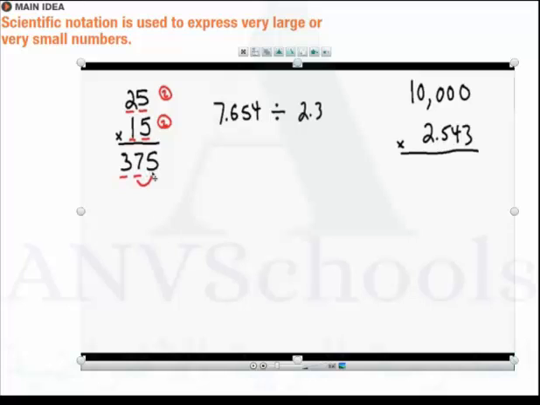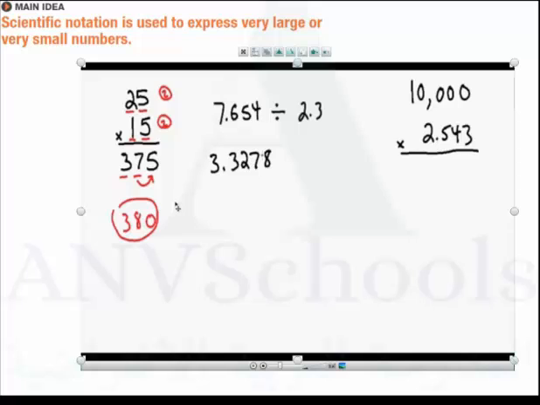Since this is 5, we will make it an 8. So we'll have 38. The 0 is insignificant in this case, so 38 will be 380 because we don't want to have a different number from what we have here.